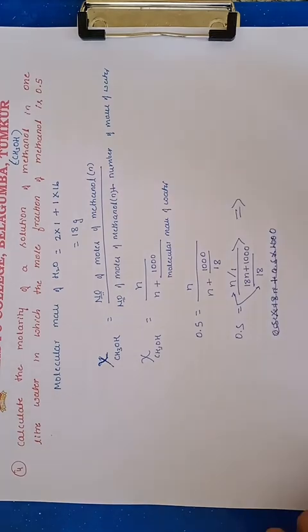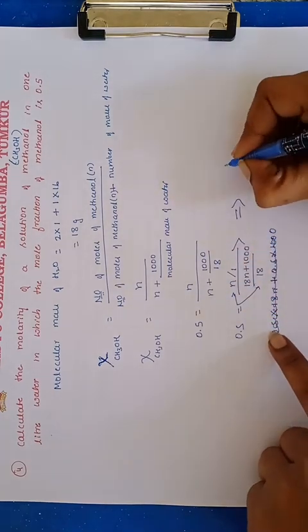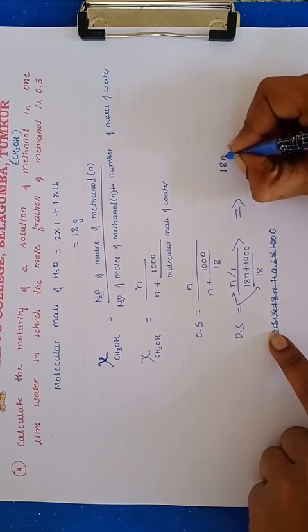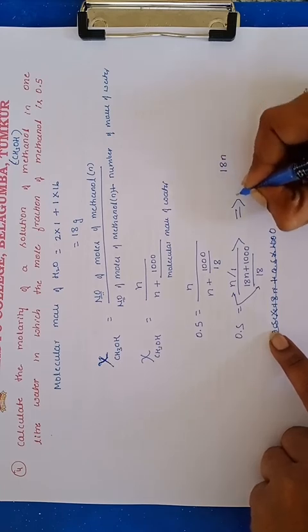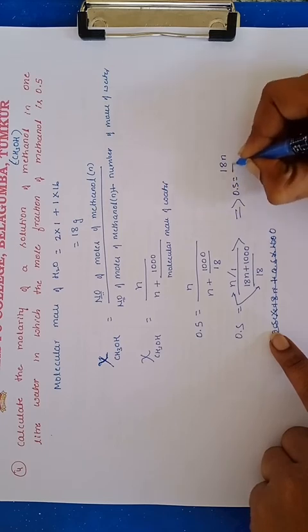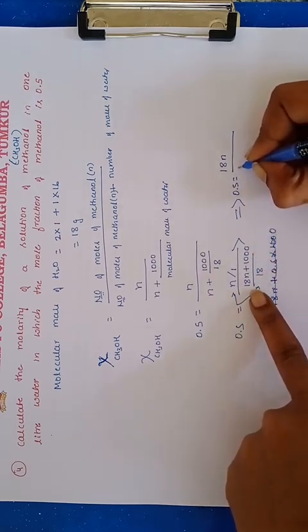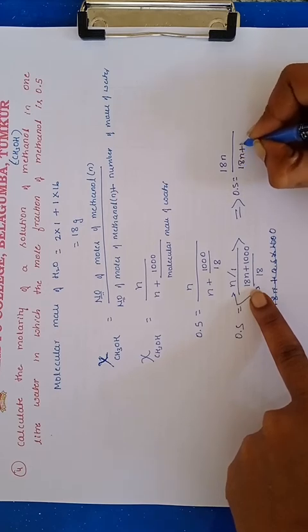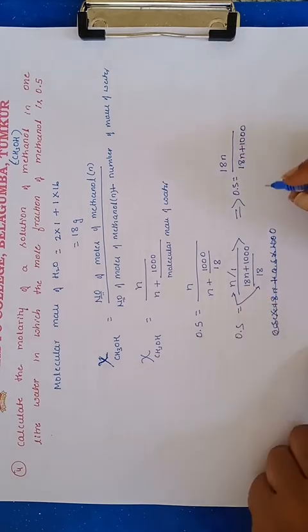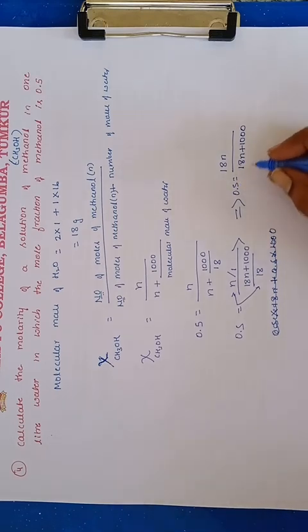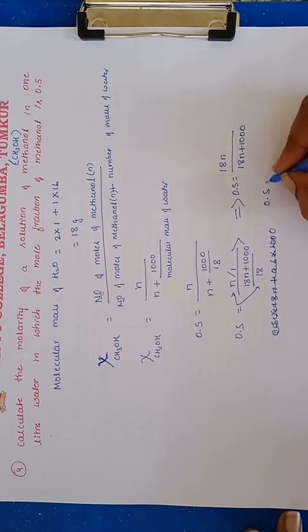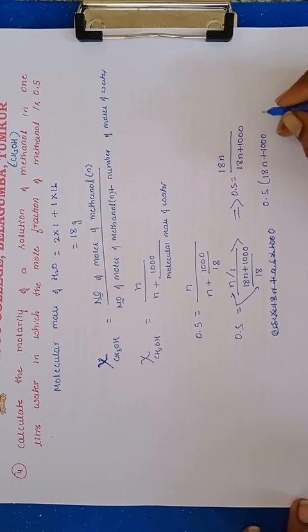In simple words, 0.5 is equal to 18n divided by 18n plus 1000. Here we can cross multiply, that is 0.5 into 18n plus 1000 is equal to 18n.